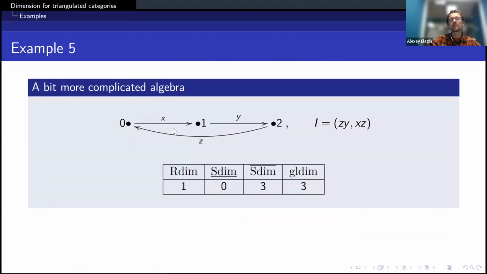This example says that lower Serre dimension is not monotonous. For the category studied here, lower Serre dimension is 0, and if we take the subcategory generated by the first two projective modules, then it's equivalent to the category of representations of quiver A2, which has lower Serre dimension 1/3, which is positive and greater than this 0.